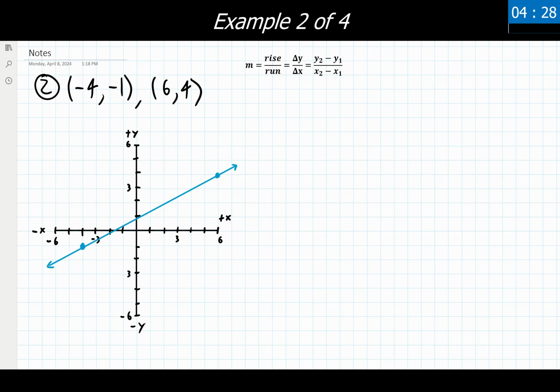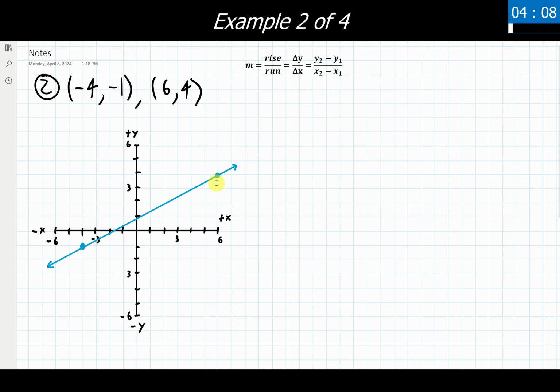Taking a look at our second example, we're going to go through and do the same things that we did previously. So we're going to solve this thing graphically first, and then we'll go through and solve it algebraically second. With our previous problem, we chose the leftmost value as our starting point, and then the rightmost one as our ending point.